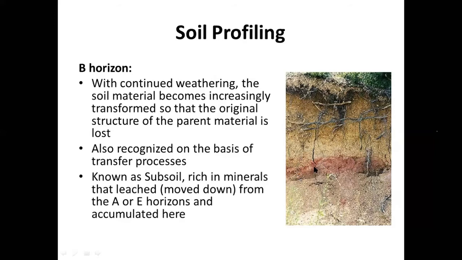Another way of identifying is the transfer process or the leaching out of the minerals. If we see the other layers of the soil profile, the leaching materials are coming down, and at that point they are settled down. They cannot penetrate this portion, but up to that point they are settled down. So this is actually the B horizon.